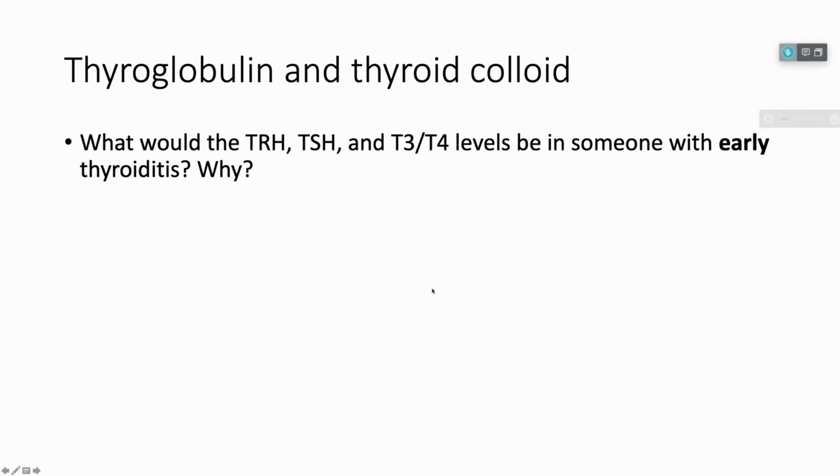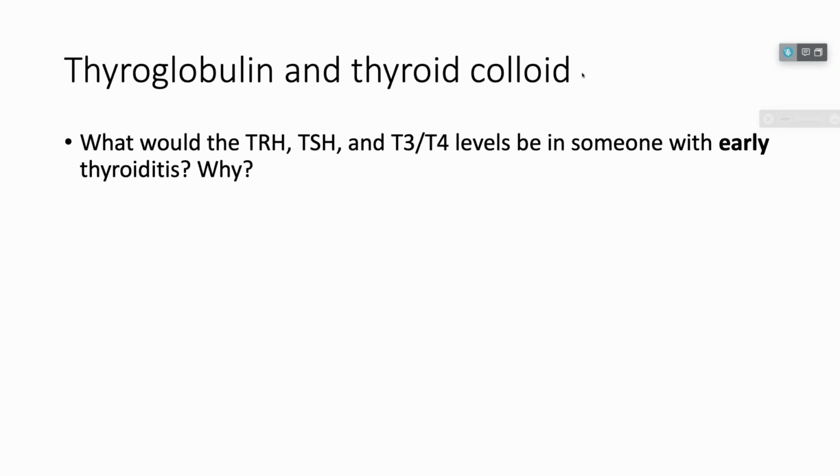So Mashoud, what would the TRH, TSH, and T3, T4 levels be in someone who had early thyroiditis, and why? Okay, so in early thyroiditis, because you said the thyroid has a lot of thyroid hormones, it's inflamed, so that means there's a lot of release of the hormones.